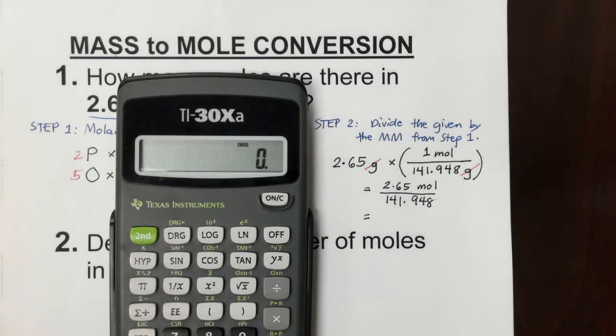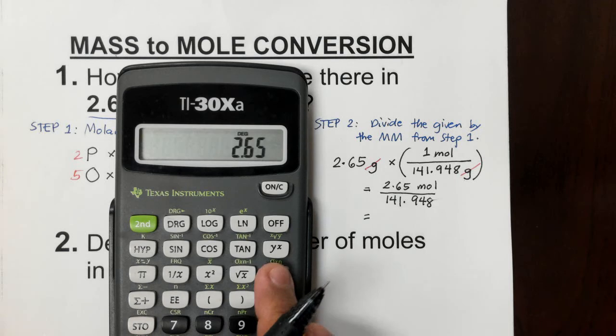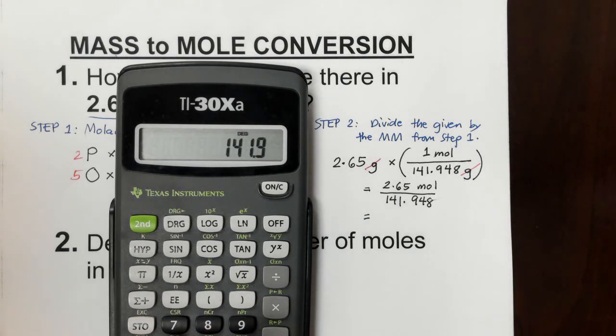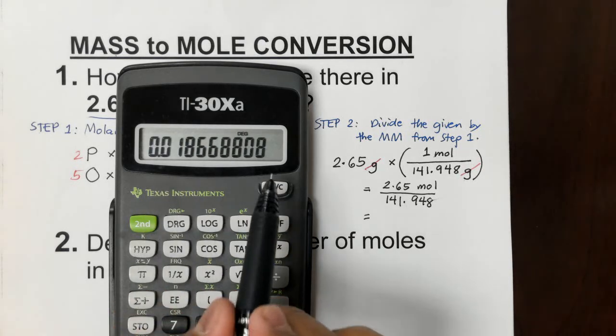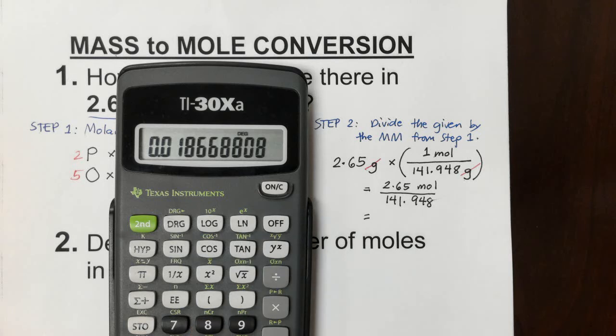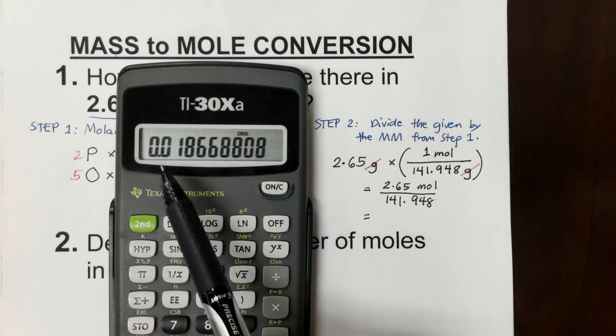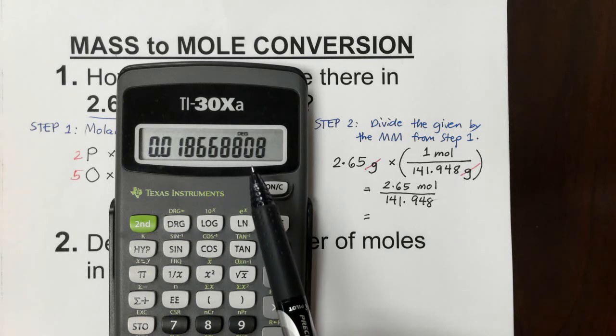So that's going to be 2.65 divided by 141.948 equals, and we get plenty of answers here. We'll just pick up 2 decimal places.